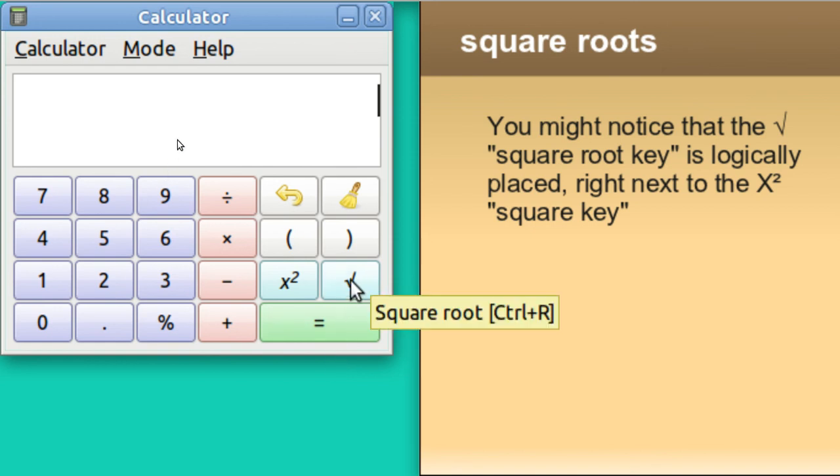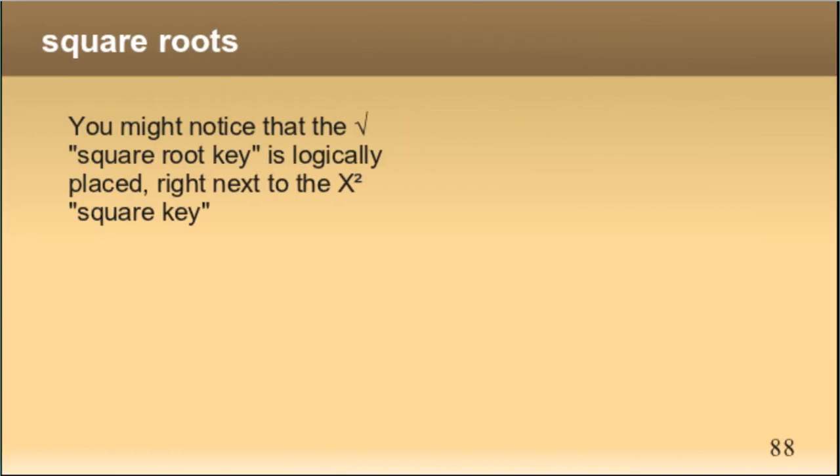This is the square root symbol, and it's right next to the square symbol. They put them together very logically on a basic calculator. To be sure, you hardly ever use this. I mean, in everyday stuff, you're just adding, subtracting, multiplying, and dividing. So this might be new to you.